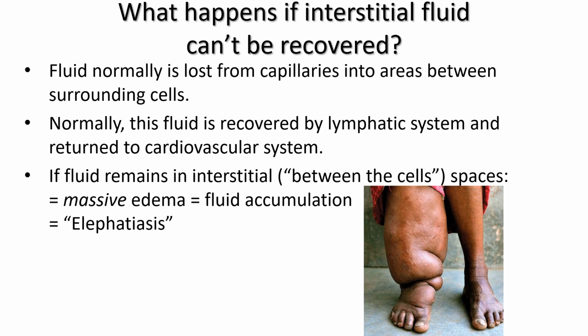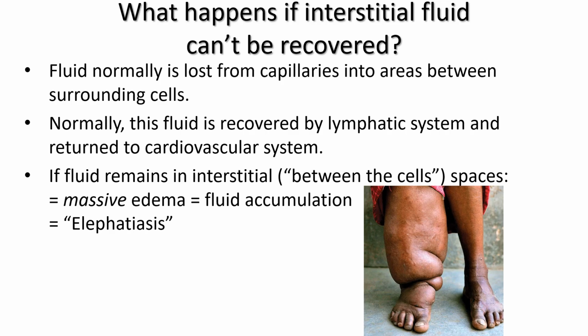Now, when there is severe or massive edema, this is a situation where the fluid buildup becomes severe. It can lead to a condition called elephantiasis. And this is when swelling becomes so extreme that it causes a massive accumulation of fluid in the limbs or other parts of the body, making them look enlarged or disfigured, similar to the size of an elephant's limbs.